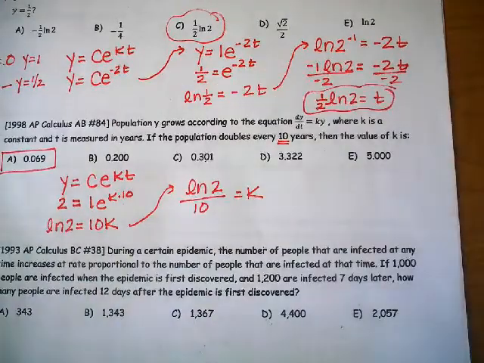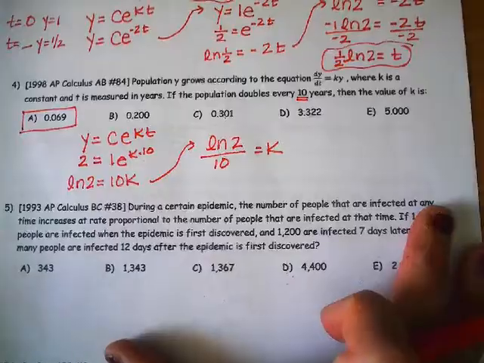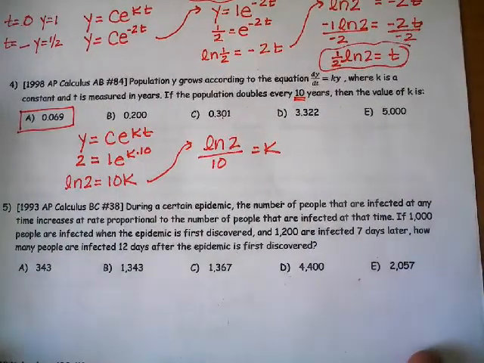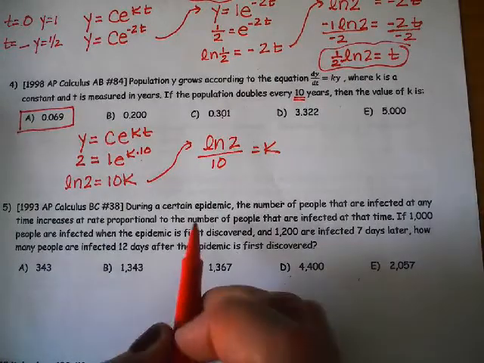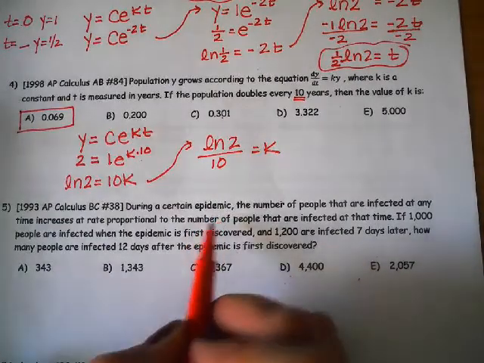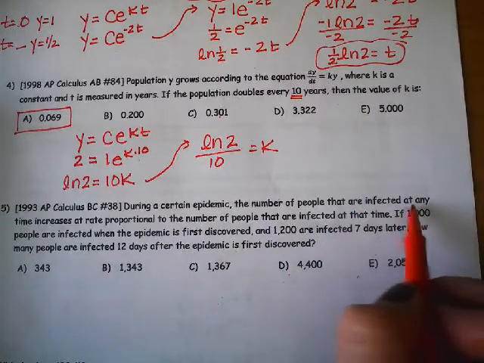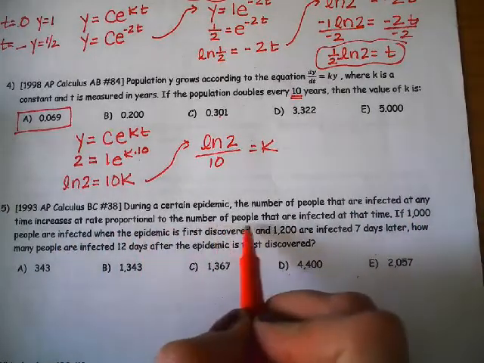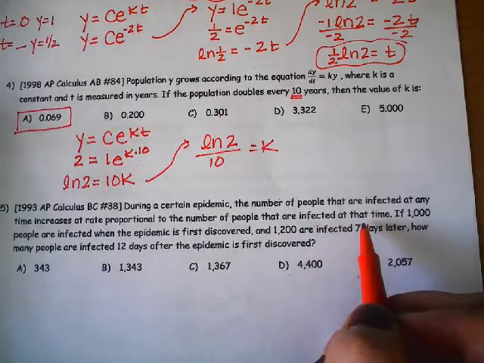Okay, last one. We're in 1993. These are old ones, but they are still very good problems. It says, during a certain epidemic, oh, that sounds familiar, the number of people that are infected at any time increases at a rate proportional to the number of people that are affected at that time.